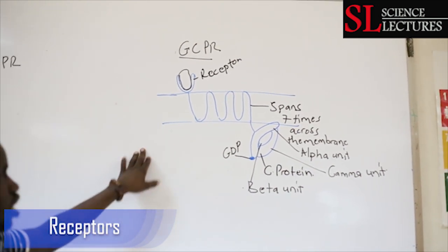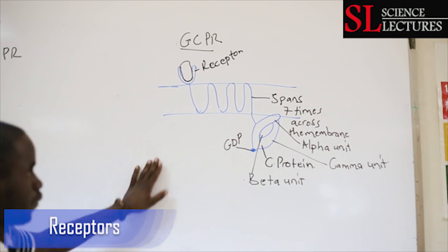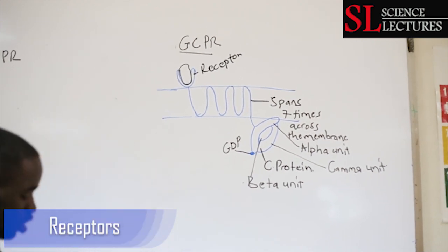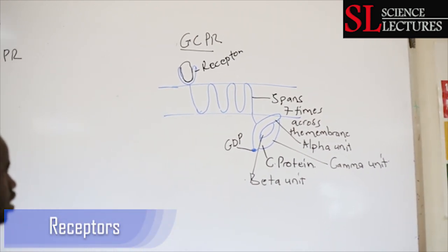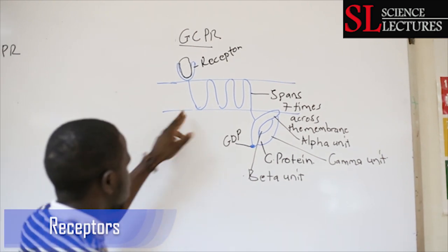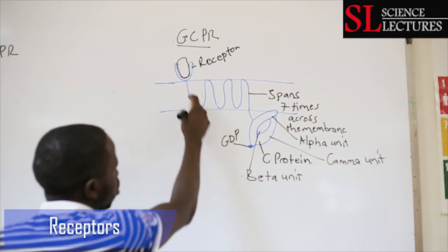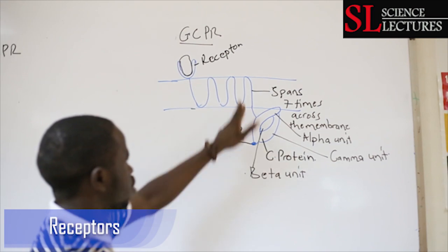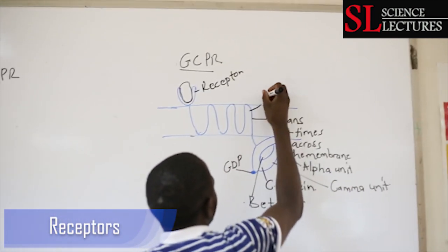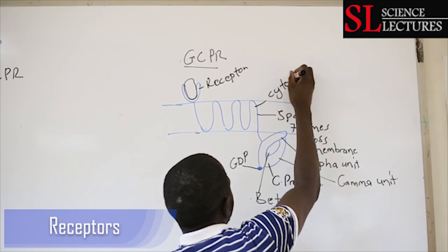It shall trigger a transduction pathway. For G-protein coupled receptors, our transduction pathway shall involve activation of this cytosolic tail. This is what you call the cytosolic tail of the intrinsic protein.